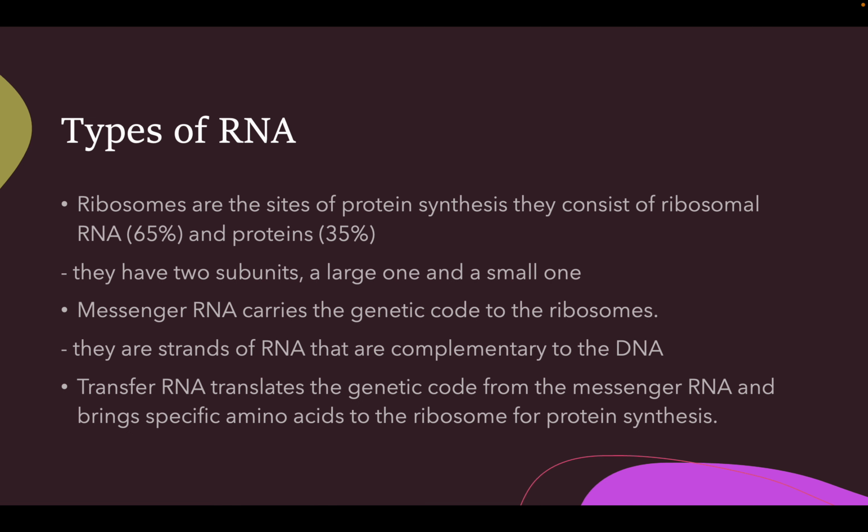So what does it do? You have the ribosome where protein synthesis occurs, but you need the specific amino acid based on the information, right? So transfer RNA translates the genetic code from the messenger RNA, and it brings specific amino acids to the ribosome.